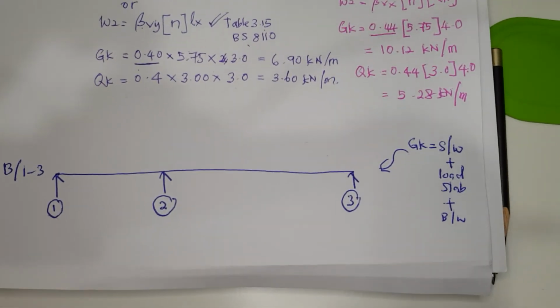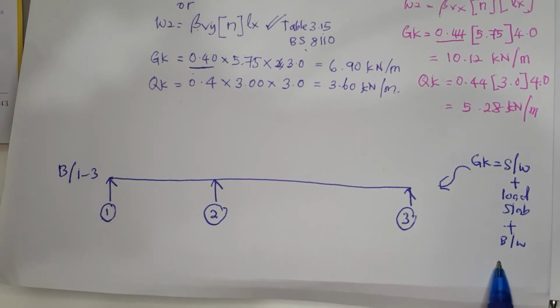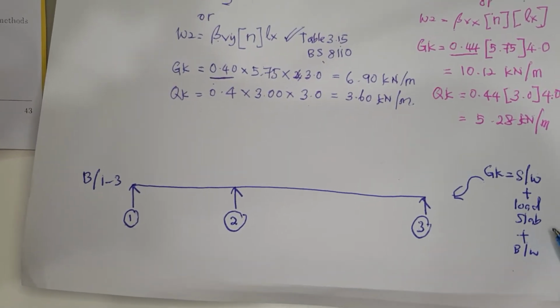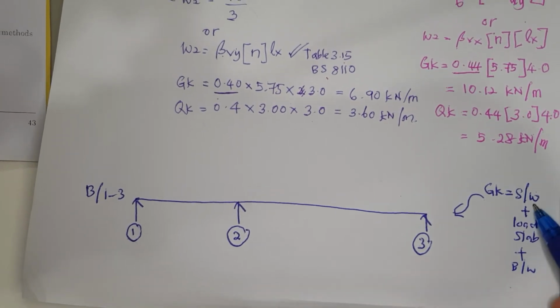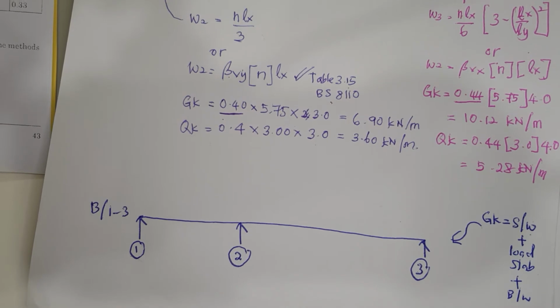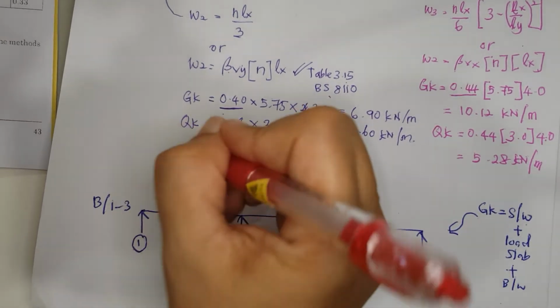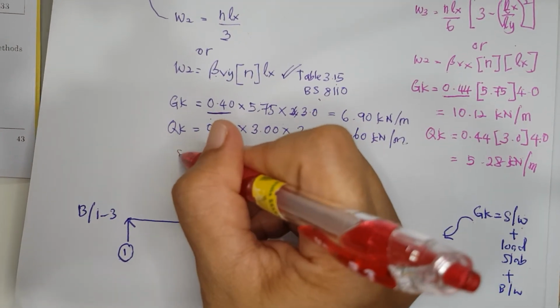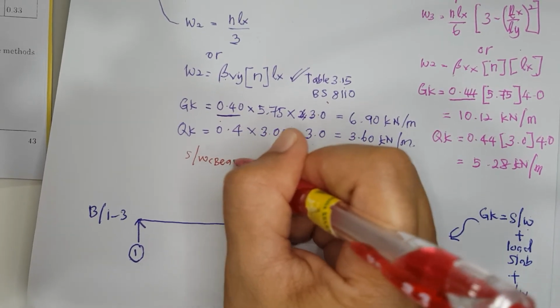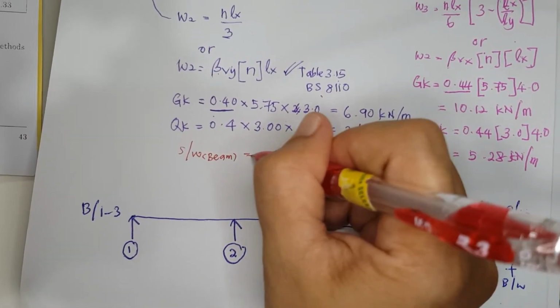In our case, we don't have data for brick wall. So self-weight of the beam plus the load slab. We already calculated load slab, so we need to calculate self-weight of beam.